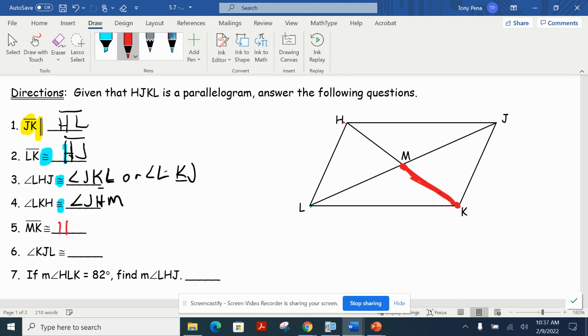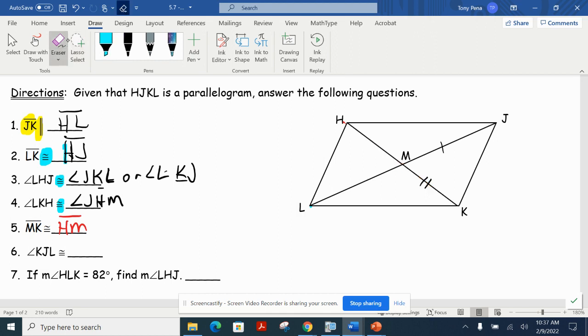Good, HM. All right, so that right here is congruent. These two diagonals, when they intersect, the reason I actually use an M right here is to kind of identify the idea of a midpoint. So these two segments are congruent, as are the two that you're being asked about in number 5. All right, those are also congruent.